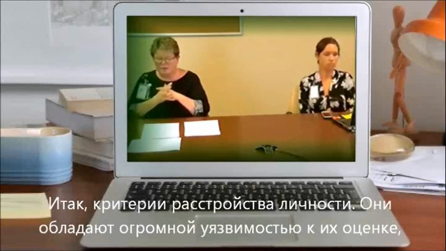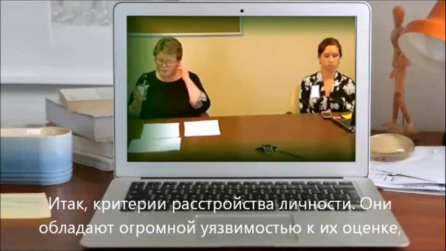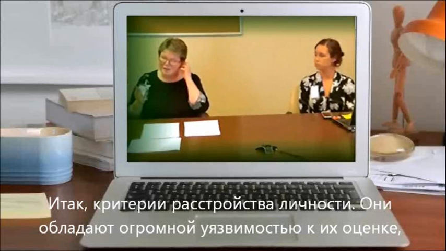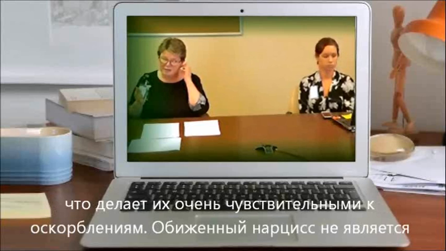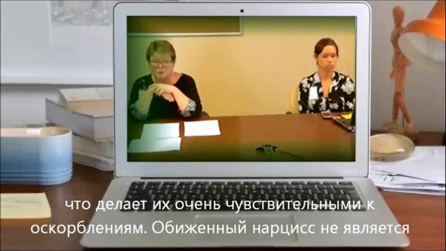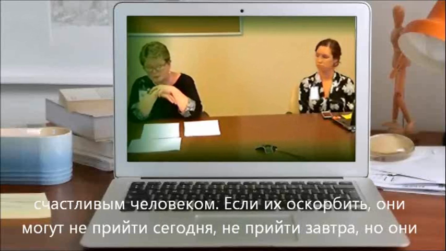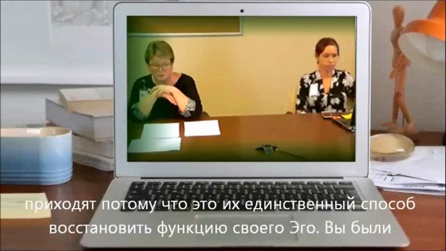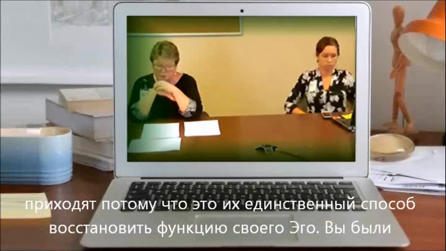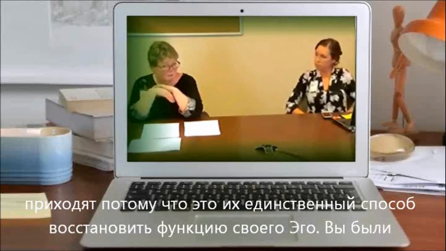So, personality disorder criteria. They have huge vulnerability in their self-esteem. It makes them very sensitive to injury. A wounded narcissist is not a happy person. Once they're wounded, they're coming. They might not come today, they might come tomorrow, but they're coming because it's the only way they can restore that ego function.